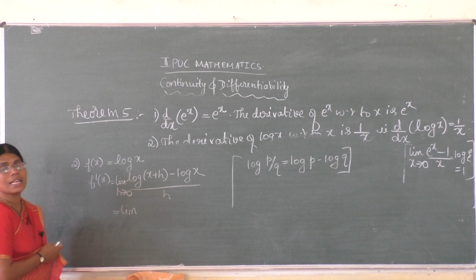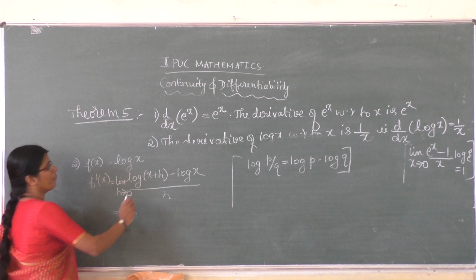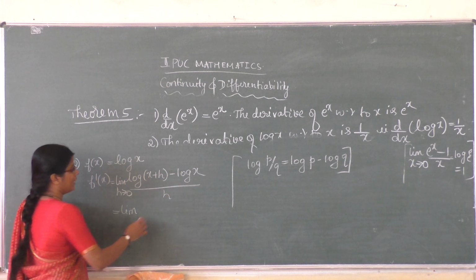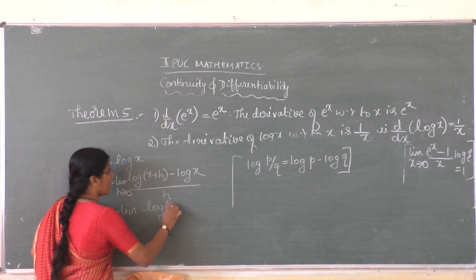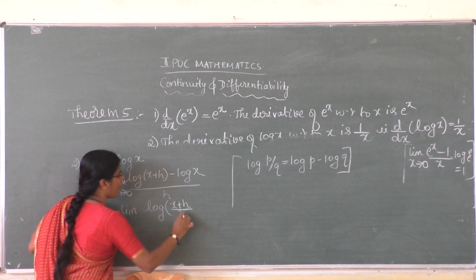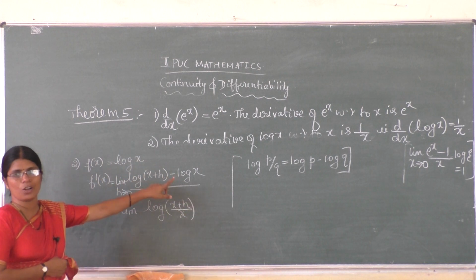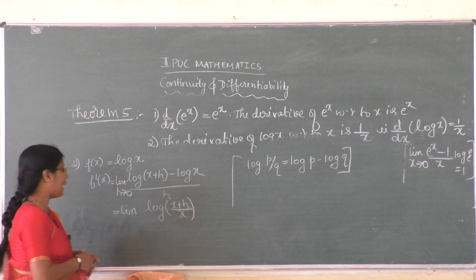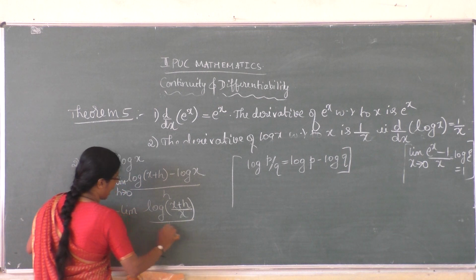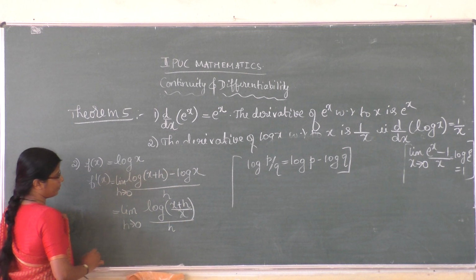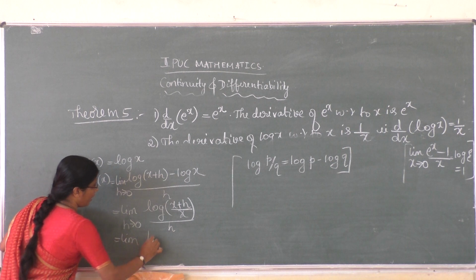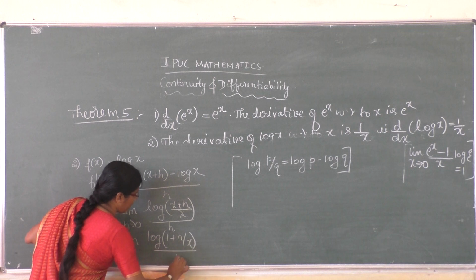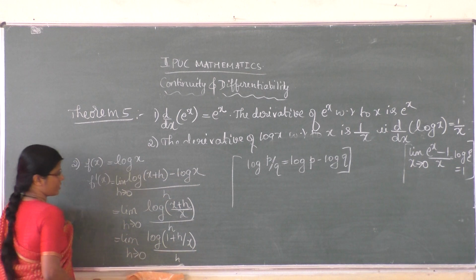So here we have log p minus log q, that is log of (x plus h) divided by x, divided by h as h tends to 0. So this becomes log (1 plus h by x) divided by h as h tends to 0.